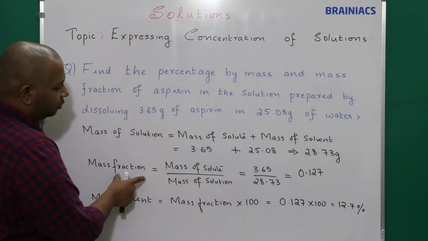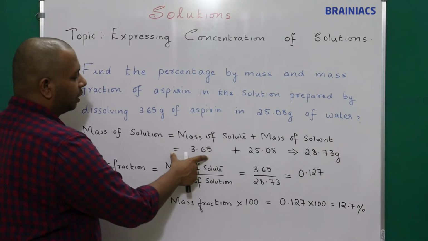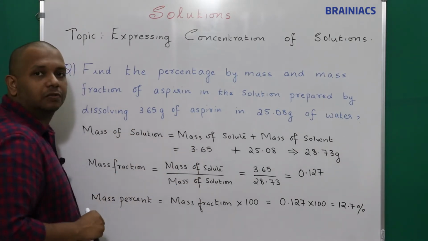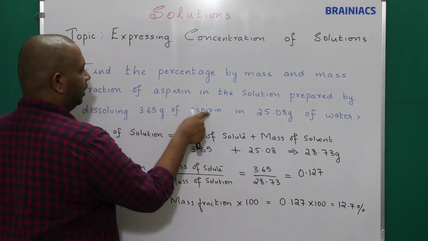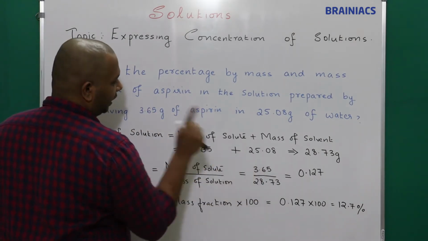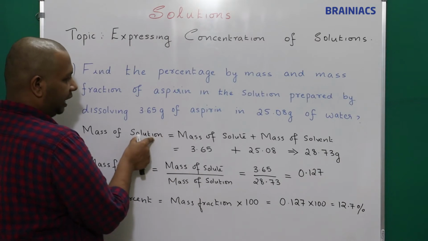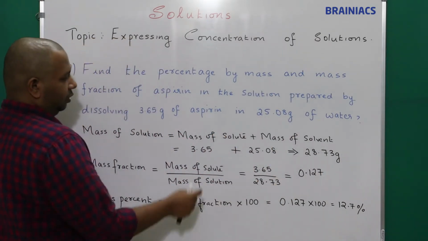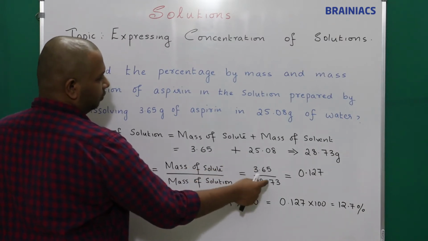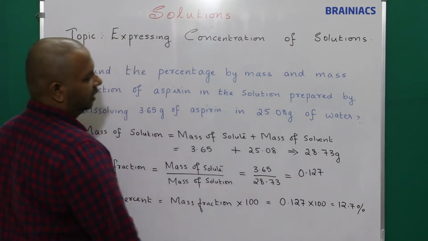Now to find the mass fraction, it is mass of the solute divided by mass of the solution. The solute is aspirin and its weight is 3.65 gram, and the mass of the solution we have calculated here, that is 28.73 gram. On dividing this by this we will get 0.127.